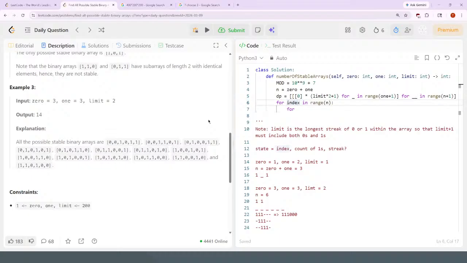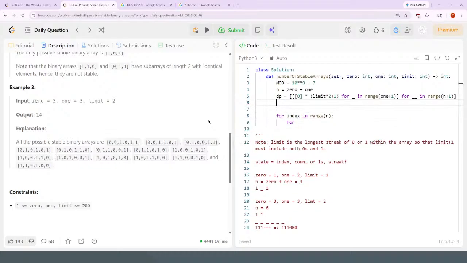I think maybe I should initialize it better. DP index 0 and the number of ones and current streak is 0. Yeah, so there's one way. So there's one way to have the starting condition where I'm at index 0.